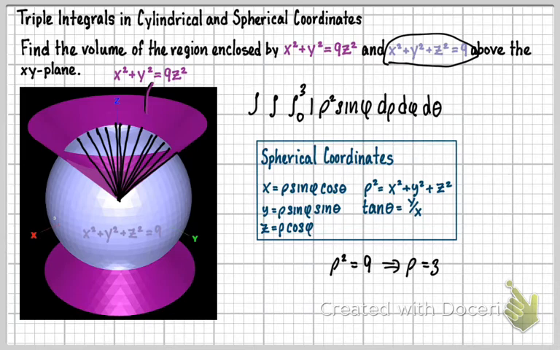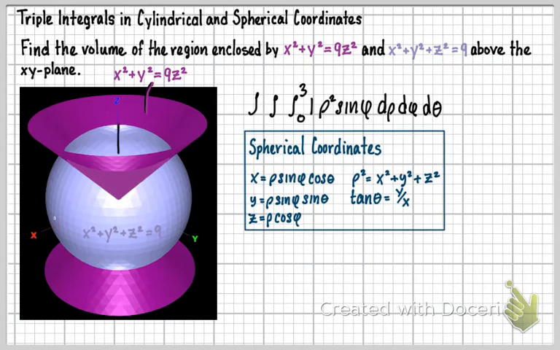Now, one thing about the phi here, remember, phi always starts from the very top, the positive z. So like I said, phi will start here, and it'll run downward all the way until that point, and that's what my phi is going to be. So to figure phi out here, I'm going to have to find out where these two surfaces intersect.